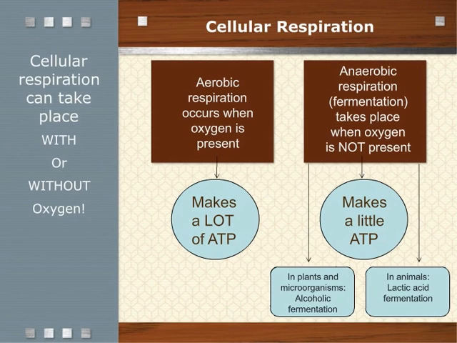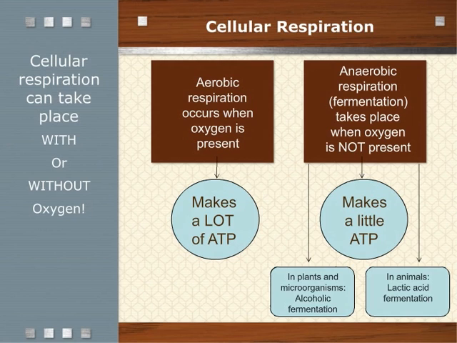Now remember that cellular respiration can take place with oxygen or in some cases without oxygen. There's quite a bit of information that you need to record here over in the right bottom corner of your graphic organizer. With oxygen is called aerobic respiration.